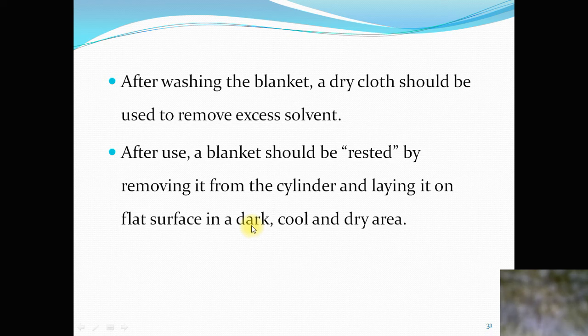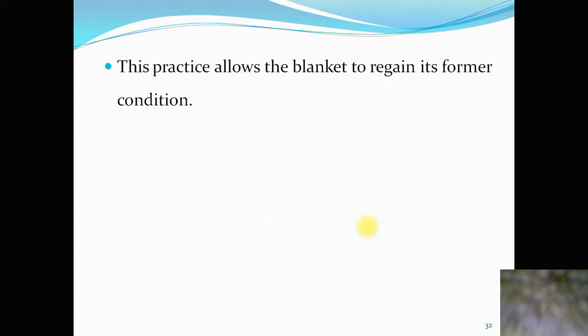It is to protect the surface of the blanket from oxidization and also to avoid direct contact with sunlight and any type of fluorescent lights. We have to keep that in a dark, cool and dry area. So, this practice allows the blanket to regain its former condition.